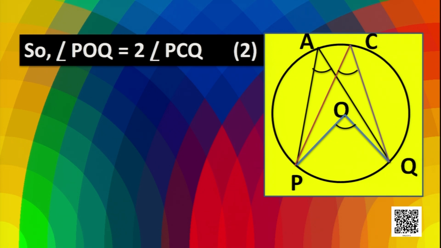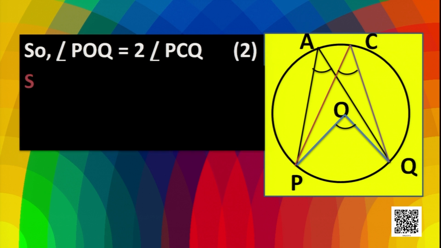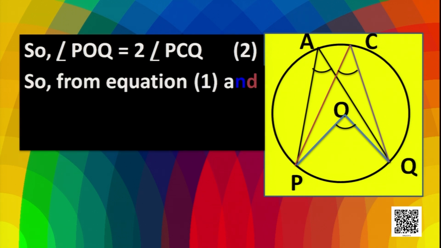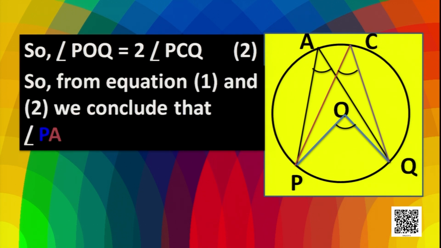Now if we compare these two equations, we can see that in both equations we have POQ on the left side. So the right side must be equal. That means PAQ is equal to PCQ. So by getting this, we proved that the angles subtended in the same segment are equal.